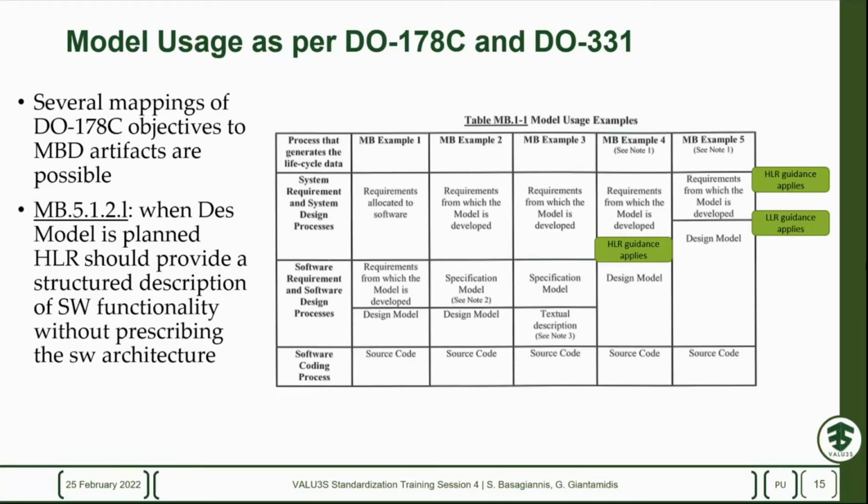There are specific model usage examples we have identified where the high-level system requirements guidance from the ARP 4754 applies. There are other examples split between the system level and the software side, where we see how we can map high-level or low-level requirements to the model that we are developing. Okay.